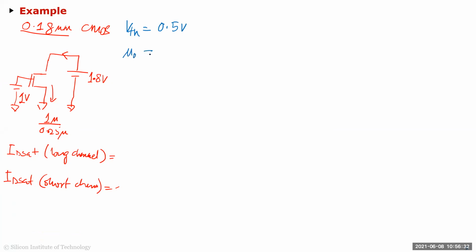Your mu naught, the low field mu naught, is 540 centimeters square per volt second.